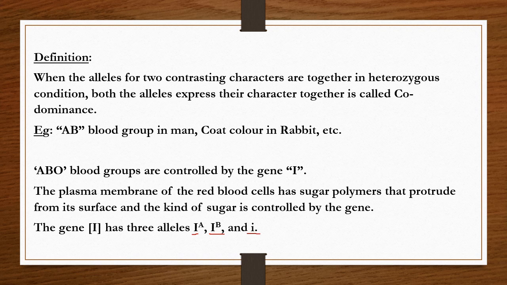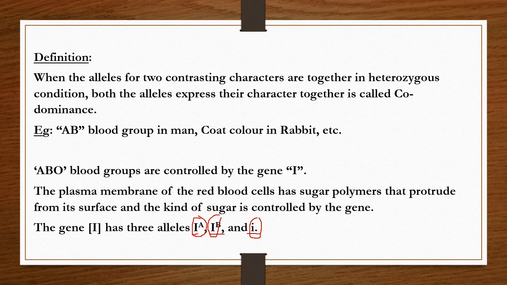So three alleles are present: one is IA, another one is IB, and another one is small i. This is the representation of the three alleles, the representation of this gene. So here the I is represented.